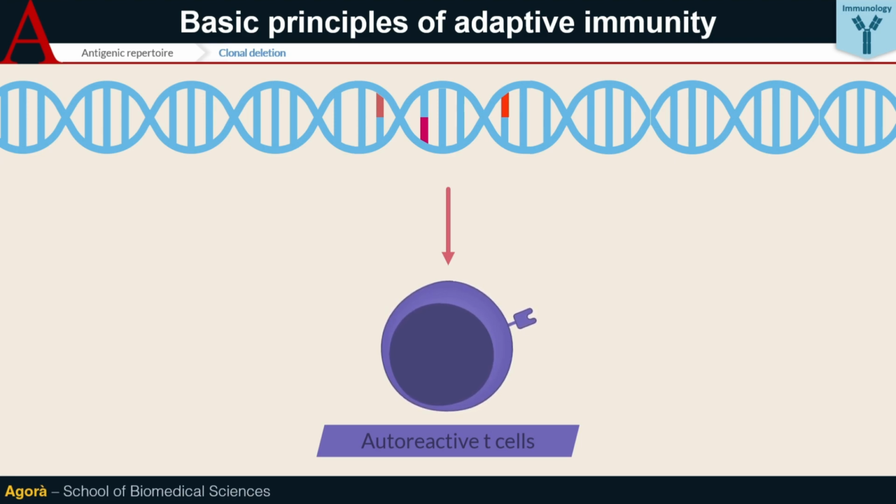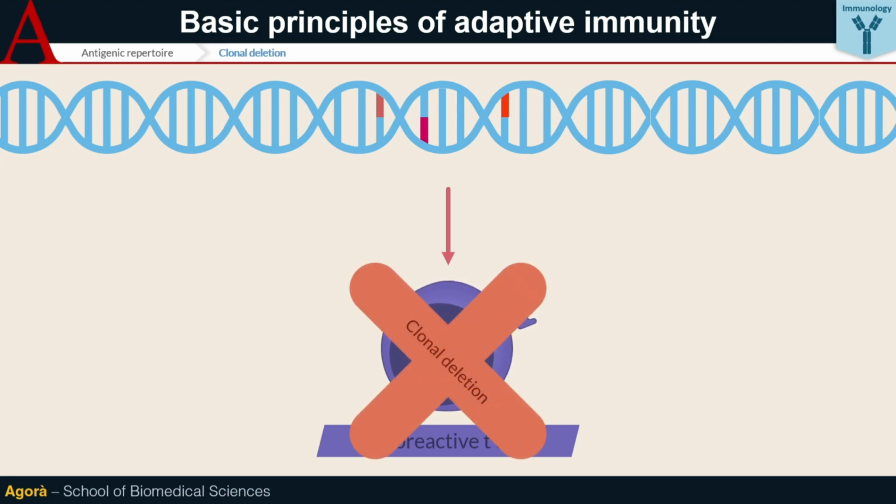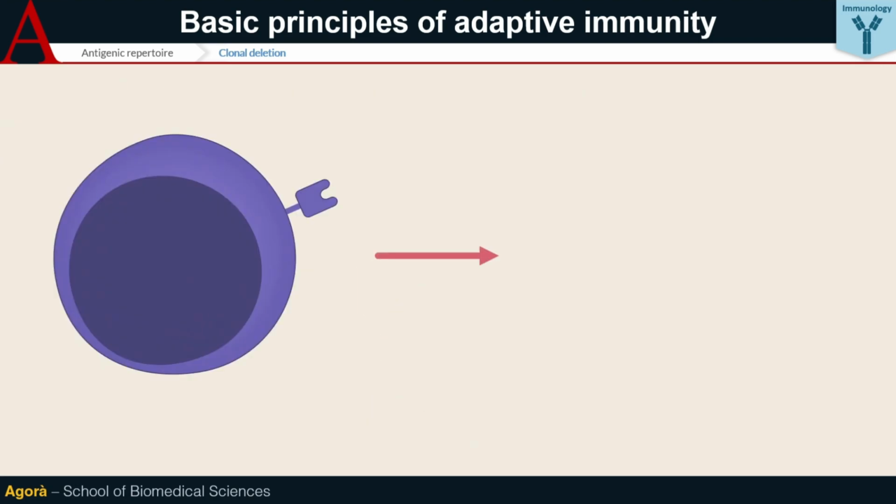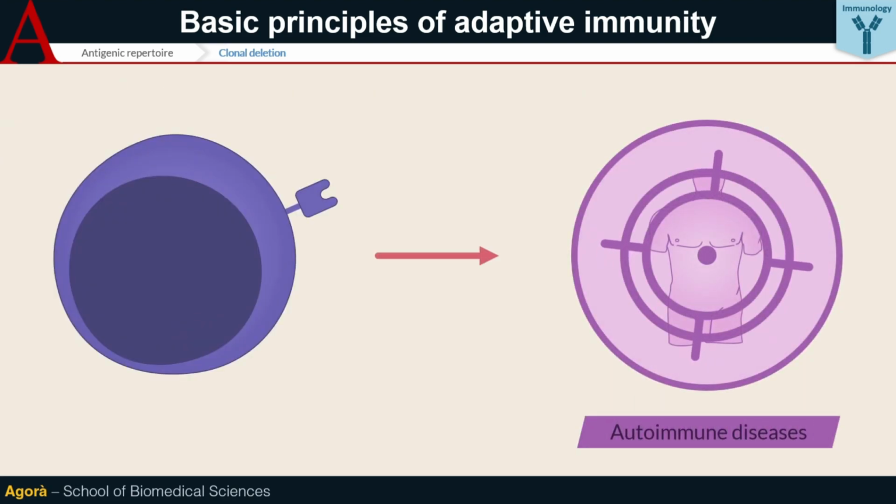However, these cells are promptly eliminated during lymphocyte maturation in a process known as clonal deletion. Alterations in clonal deletion mechanisms at various levels underlie some autoimmune diseases.